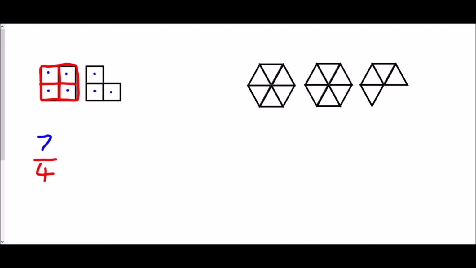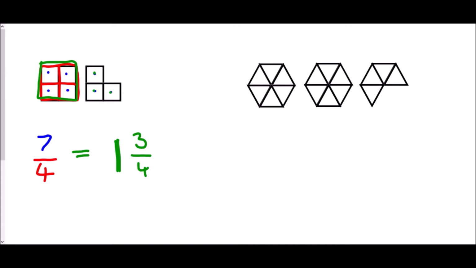But if I want to write that as a mixed number, how many full diagrams do I have? I have one full diagram, and therefore my whole number is 1. And how many parts of a diagram have I got? I have 3. And so I have 1 and 3 quarters. 7 over 4 is 1 and 3 quarters.